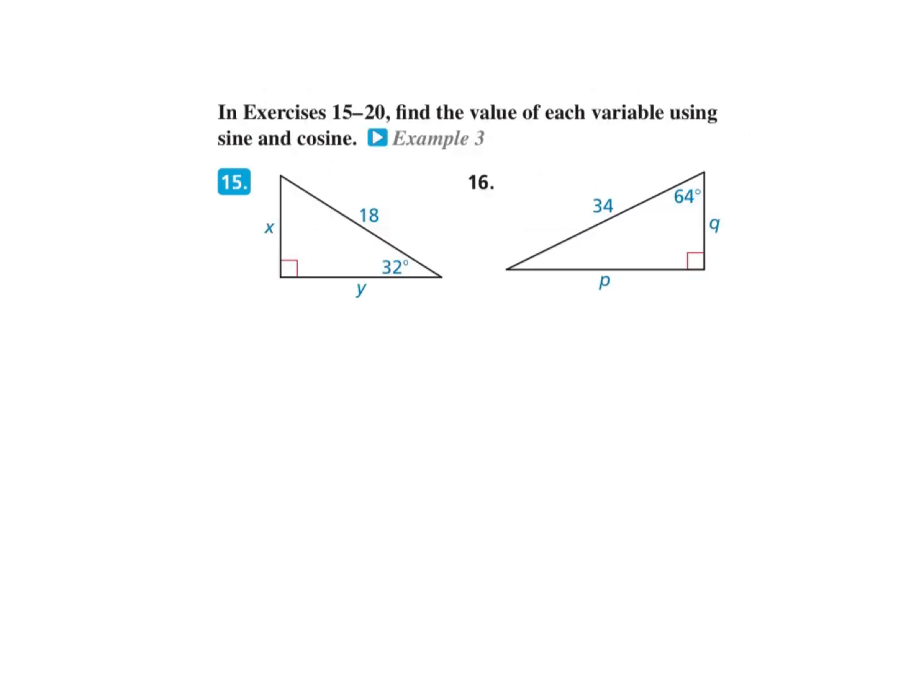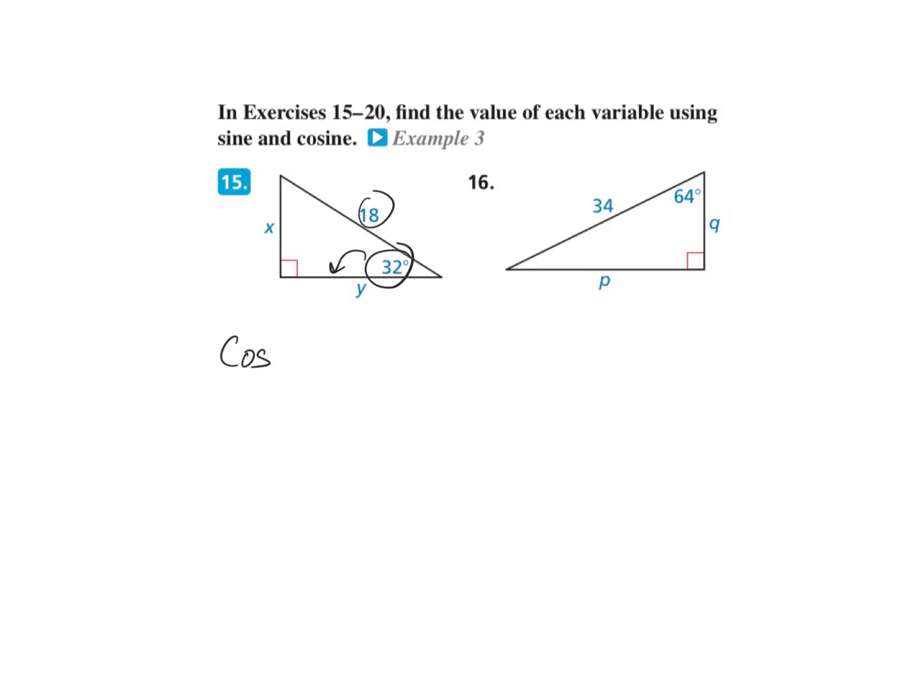All right, find the value of each variable using sine and cosine. So this is what we've been given, so we're going to start at that corner. To get y, that is the adjacent leg, and we have the hypotenuse. So what uses the adjacent and the hypotenuse? That would be cosine.